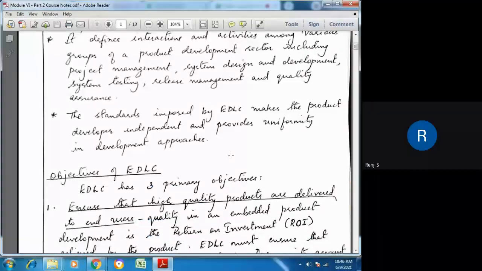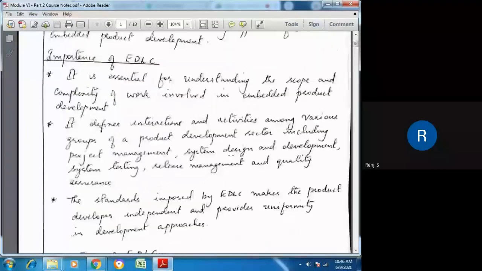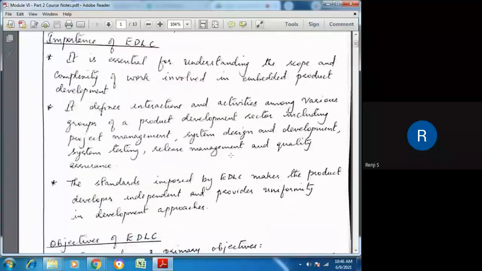We can substitute one person for another, and he just studies these standards and continues the work. That is why we are going for EDLC, because it defines specific steps and activities to be carried out during each phase of development. The activities and phases we'll come to in detail in the coming sections.